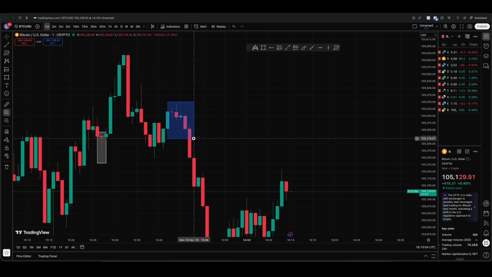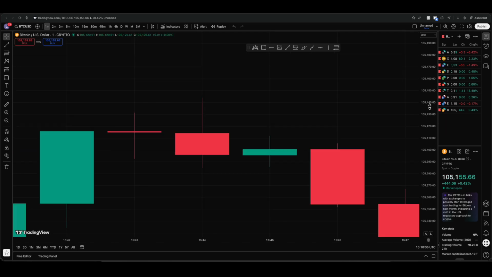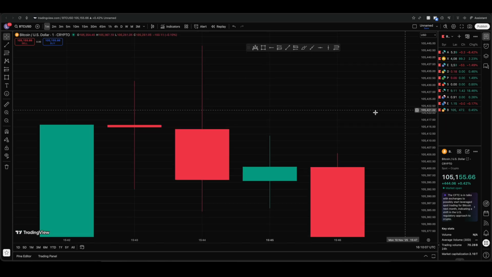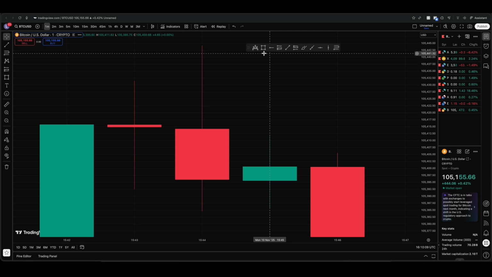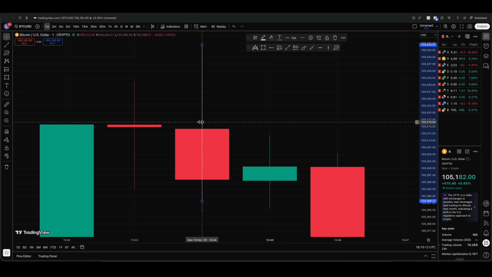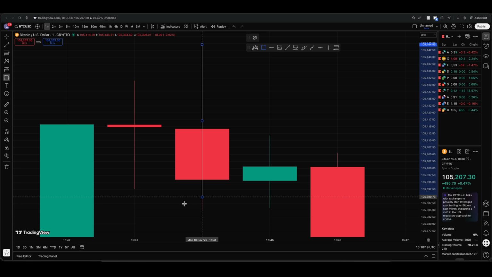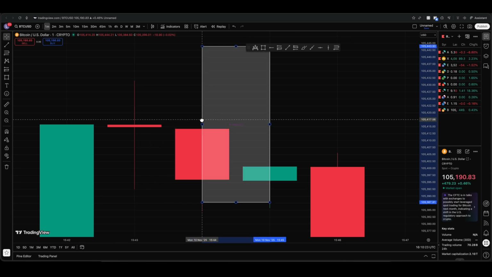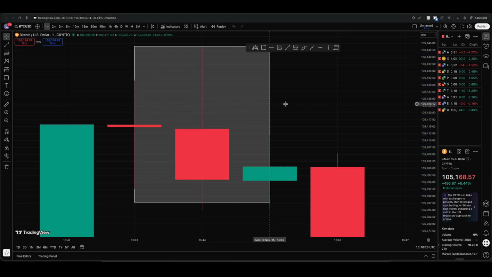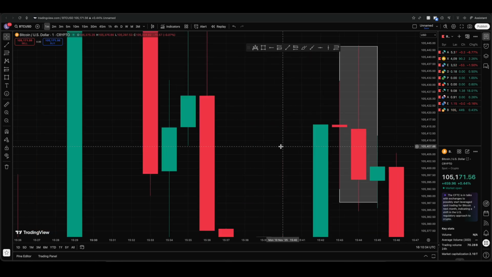So here you can see another hammer, this one. As you can see, the red candle here, the body is too small and the wick of this candle, or shadow you can say, is too long. So this is a hammer.